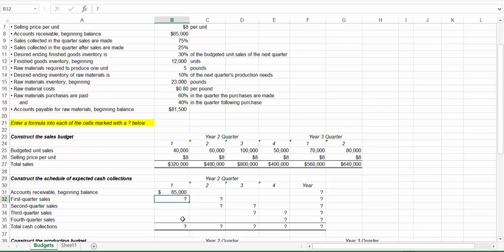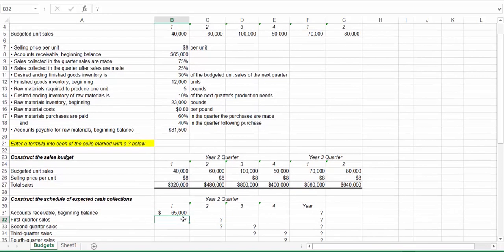Now how much are we going to collect in our first quarter sales? What they tell us is our sales are collected 75% in the quarter that sales are made, 25% in the following quarter. So this is going to be equal to 75% times that quarter's sales.